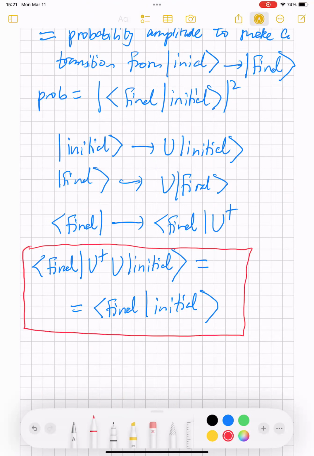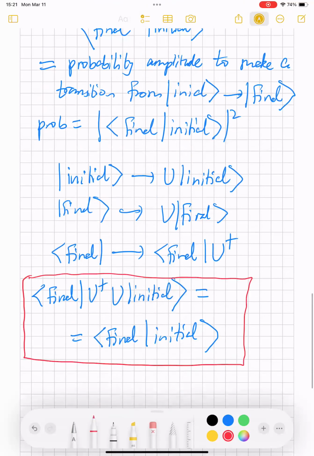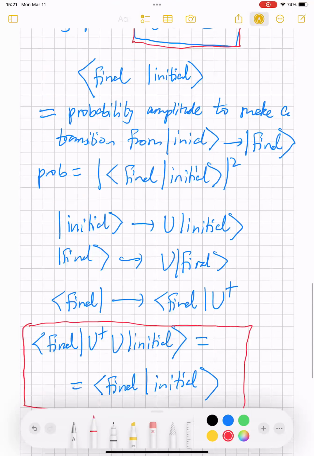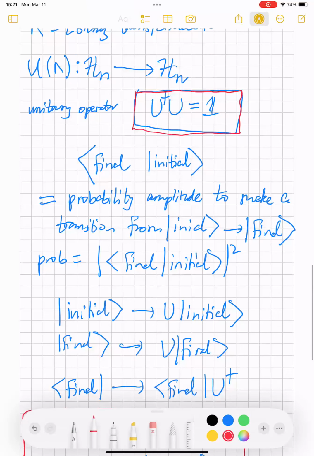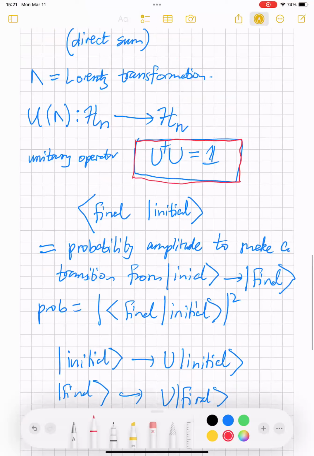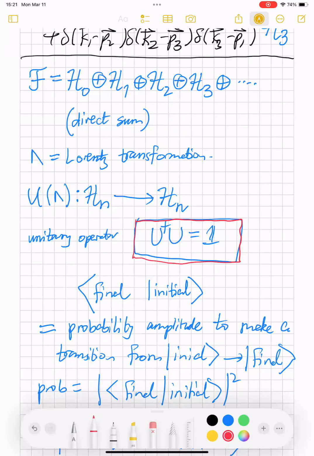We want Lorentz invariance to be a symmetry of the theory, and it is for that reason that we implement the Lorentz transformations as unitary operators. So Lorentz transformations will act as unitary operators on Fock space.